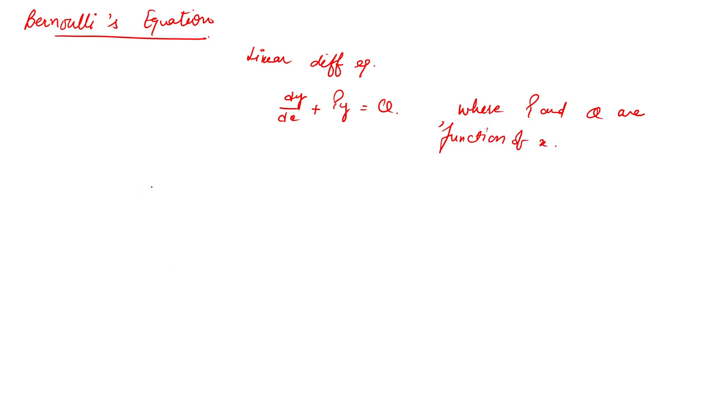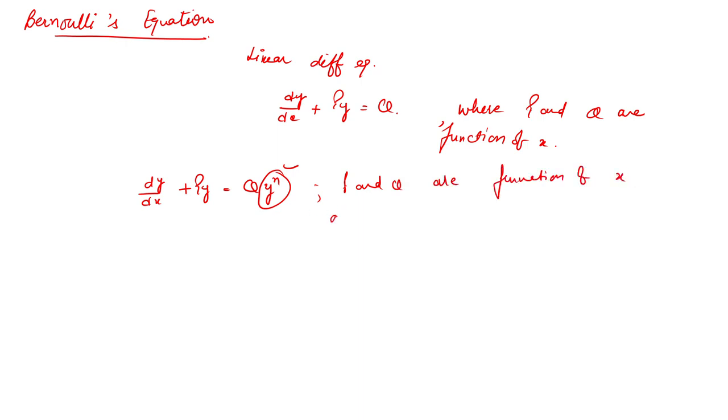Your Bernoulli's equation is dy by dx plus py equal to q, but in this case your q is also multiplied with some power or function of y. So in this case, again, p and q are functions of x alone. Then this is called a Bernoulli's equation.